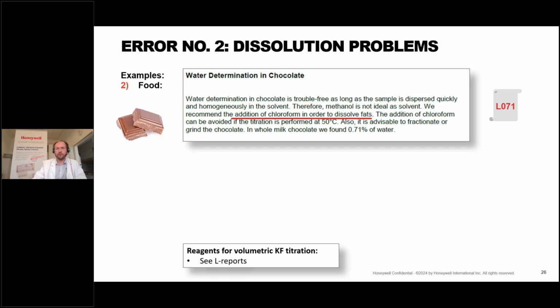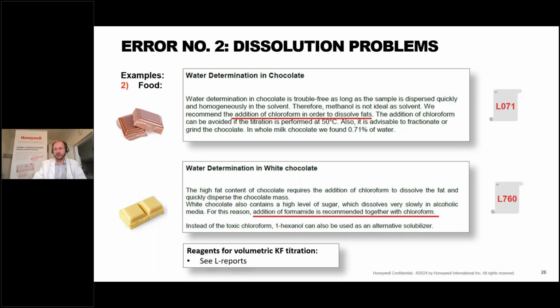And furthermore, we found out that for white chocolate, it is even necessary to add formamide, not only chloroform, to dissolve the high sugar content of the white chocolate, which otherwise will not dissolve in normal methanol.